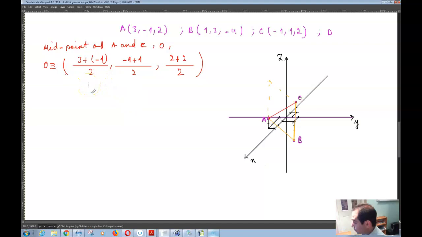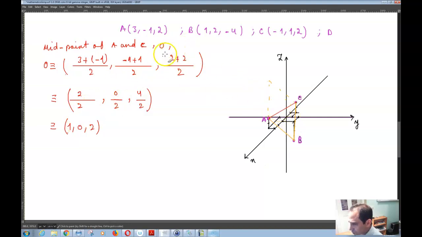Now 3 minus 1 is equal to 2, 2 divided by 2 is 1; 0 divided by 2 is 0; and 4 divided by 2 is 2. So the coordinates of the point O over here would be 1, 0, 2.